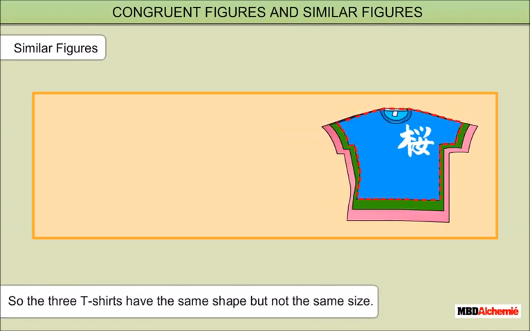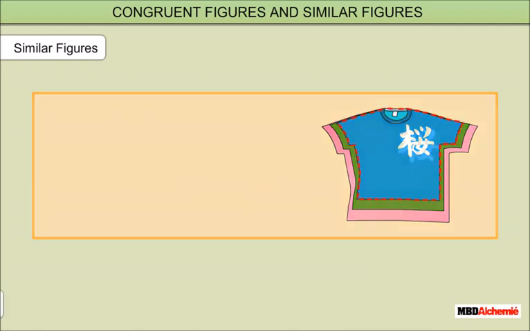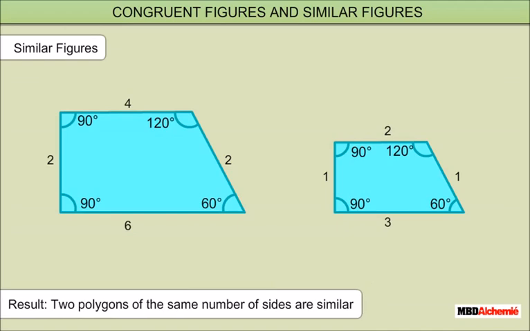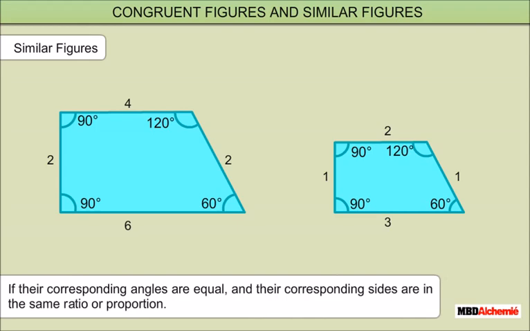So, the three T-shirts have the same shape but not the same size. Result: two polygons with the same number of sides are similar if their corresponding angles are equal and their corresponding sides are in the same ratio or proportion.